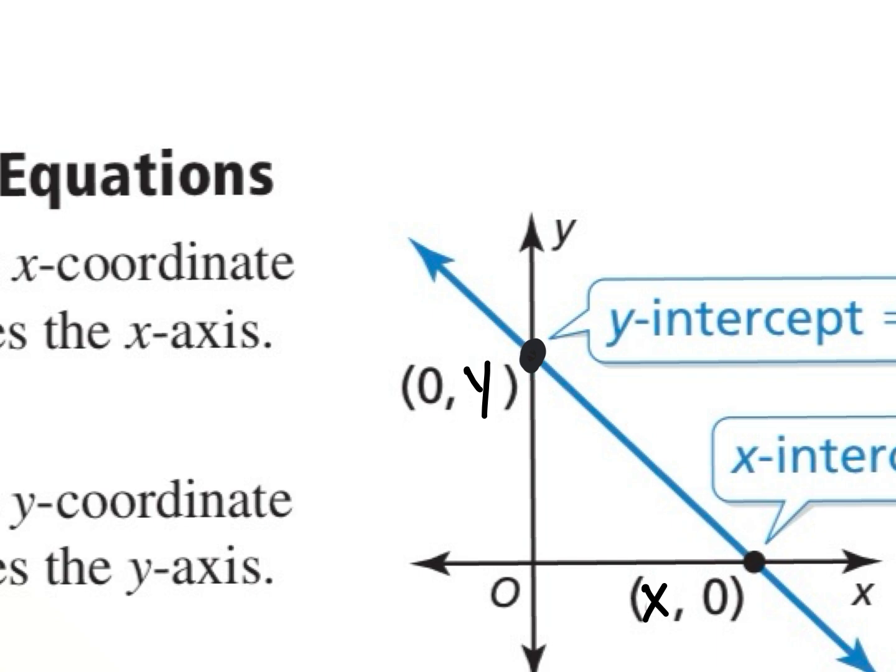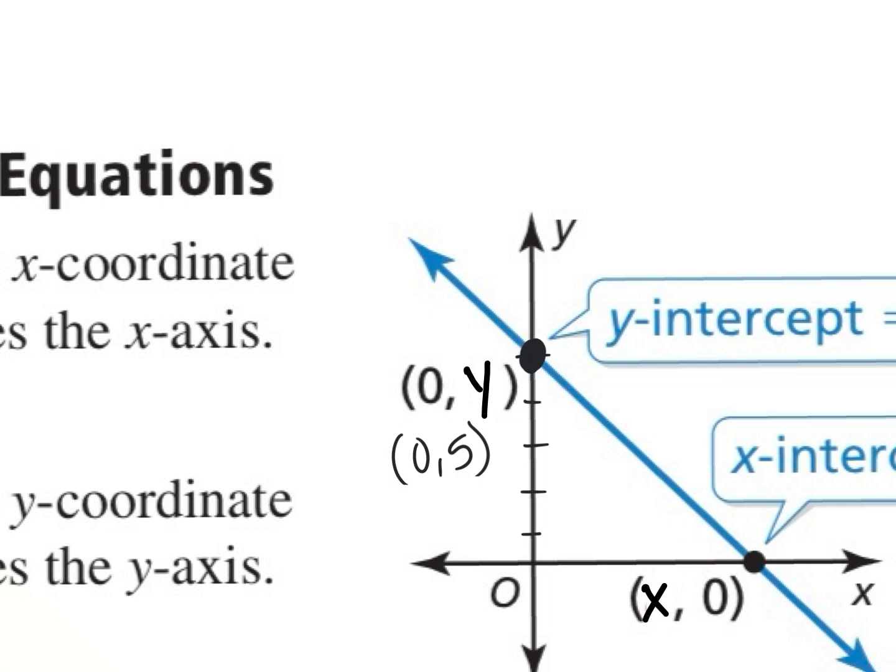I want you to think about what you would call this ordered pair, the y-intercept, now that I put these little marks. Can you guys count for me, please? 5. This is at 5 on the y-axis. So would you agree that what would the ordered pair say then? 0, 5, right? Do you see how the x value is 0?